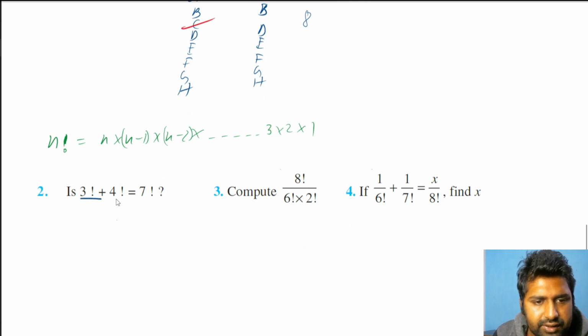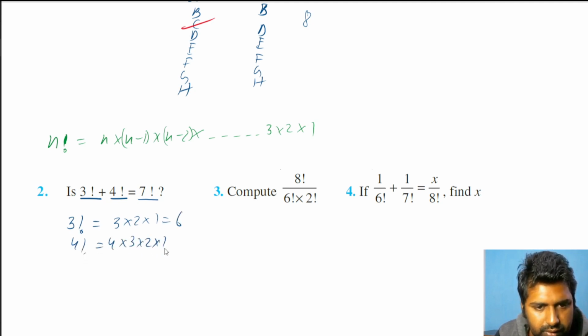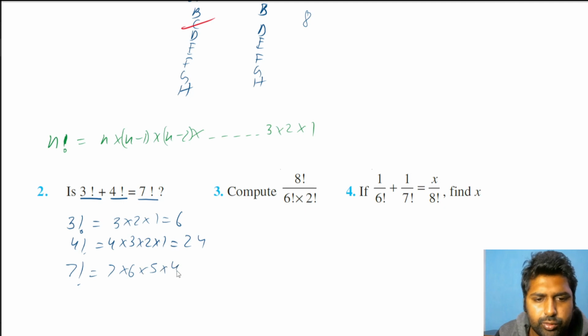He's saying 3 factorial plus 4 factorial is 7 factorial. Can we really take factorial common, and 4 plus 3 is 7? Let's check. 3 factorial is 3 into 2 into 1, that's 6. 4 factorial is 4 into 3 into 2 into 1, so that's 24. 7 factorial is 7, 6, 5, 4, 3, 2, 1.